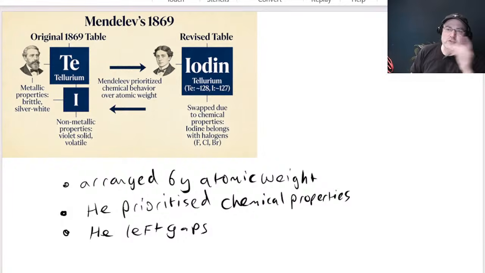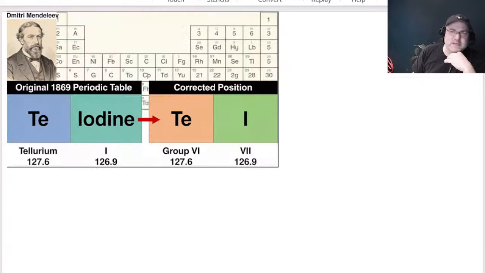Boom. So two of the most famous ones that he switched, so they're probably used in your exam, are tellurium and iodine. Tellurium is heavier than iodine. So originally iodine came first, and then tellurium.